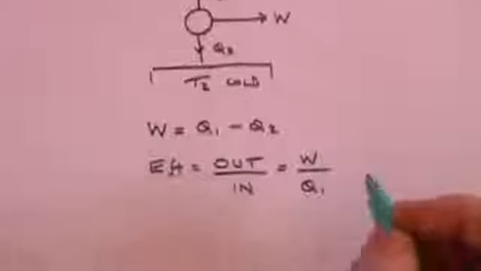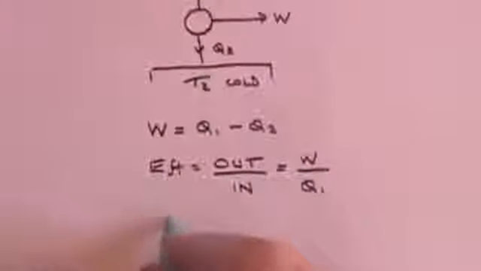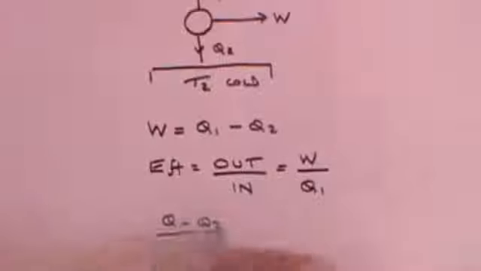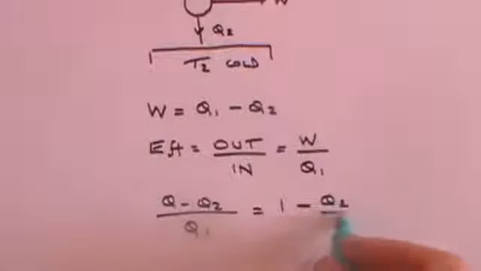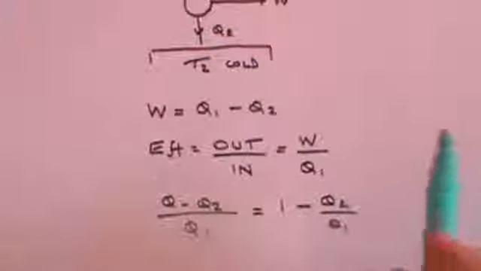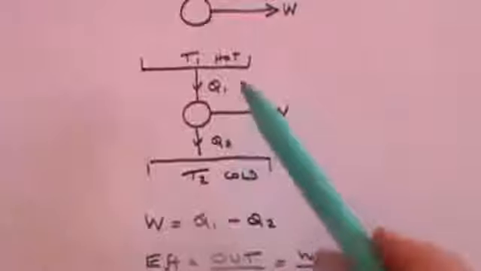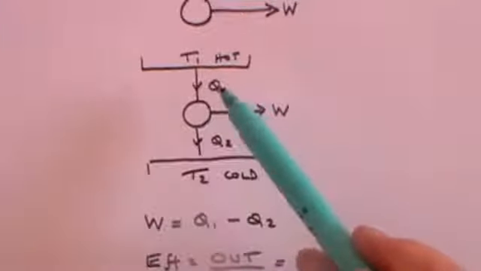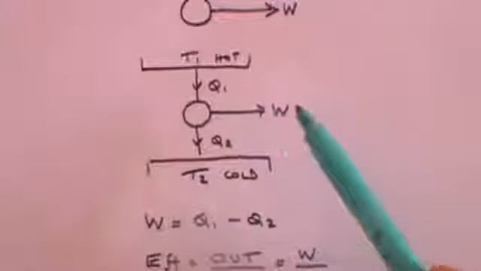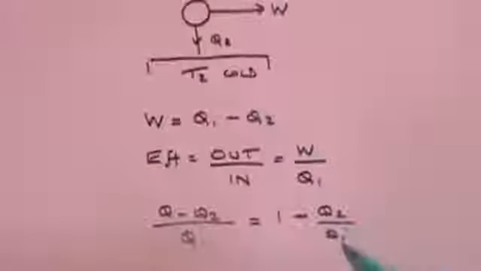Well, W over Q1, W is Q1 minus Q2, and Q1 is Q1, and so you end up with the efficiency being 1 minus Q2 over Q1. Now remember, of course, that Q2 is smaller than Q1 because Q2 is what's left over after the work has been taken out. So Q2 over Q1 is going to be a fraction that is less than 1 and positive.